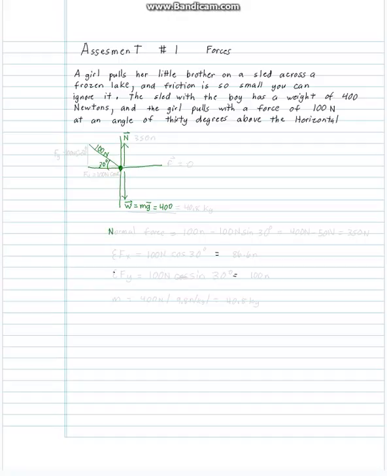Your normal force equals 400 newtons minus 100 newtons sine of 30 degrees, which equals 400 newtons minus 50 newtons, which then equals 350 newtons.